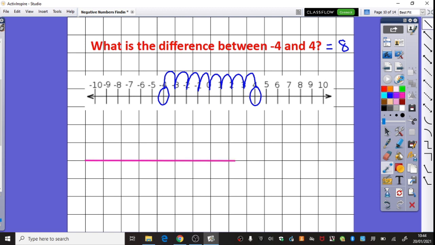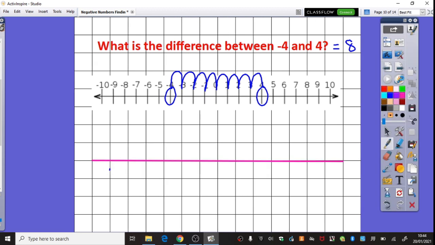Now I'd like to model for you finding the difference between minus 4 and 4 on an unstructured number line, an empty number line. Little bit like yesterday, the first thing I want to do is see how many it is to get to 0. Well, it's 4 to get to 0.